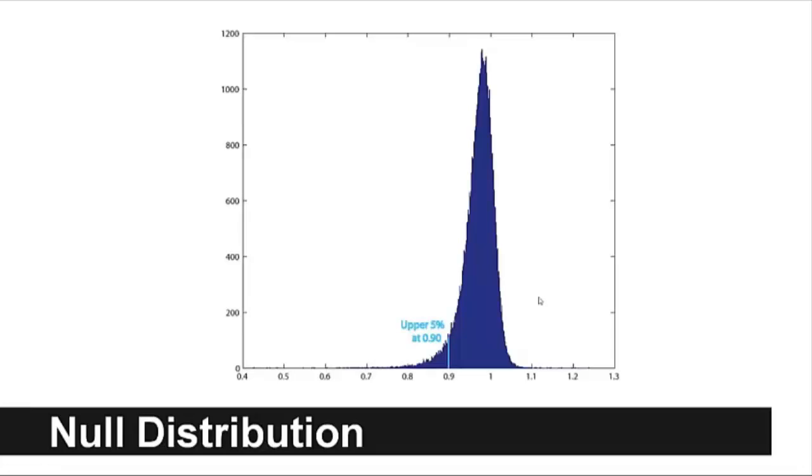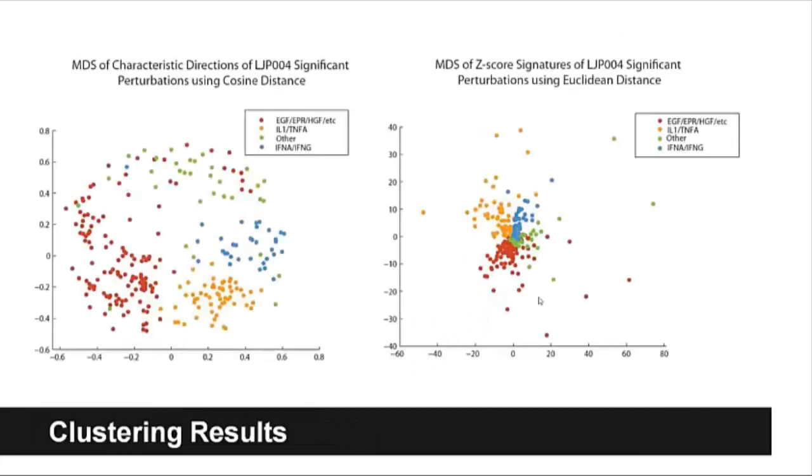So after calculating the characteristic directions for each experiment and filtering out all those experiments that are not significant, we can do some clustering analysis. Here are some examples.